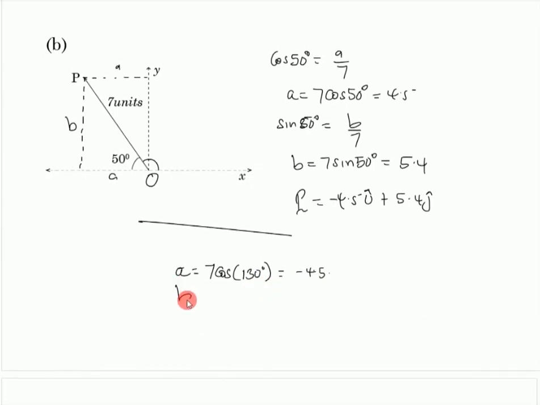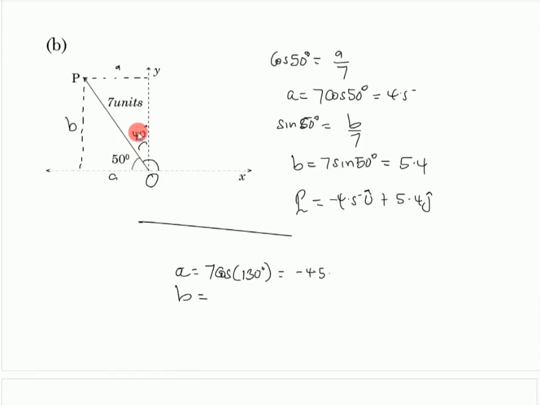Then b is the component along the vertical. So what you do, you get the angle, the direction intended is OY, this direction. What is the angle? The angle is here. It is 40.